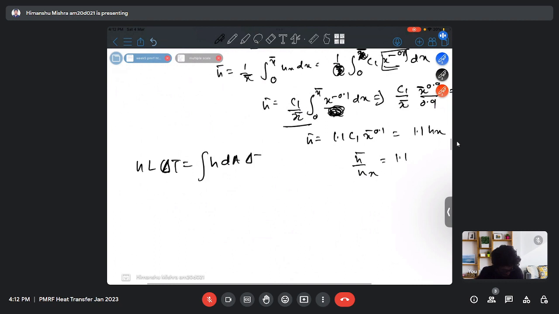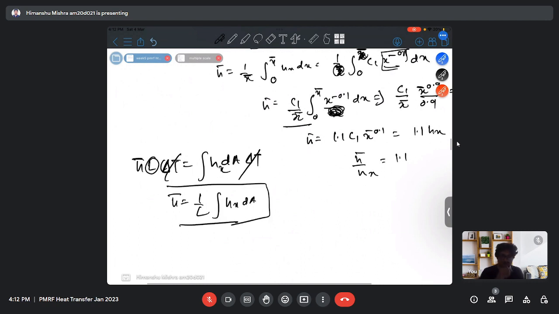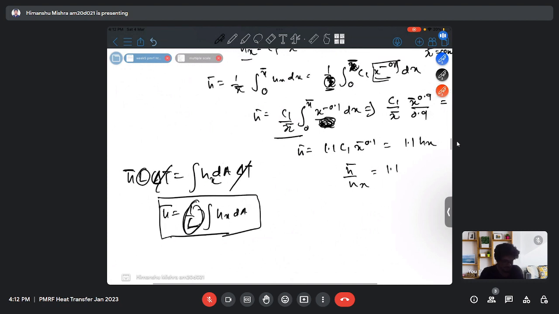The temperature difference will cancel, and this will come outside the integral, which is 1 by L times the integral of h_x dA. So this is the form of the integral for the average heat transfer coefficient. This L should always be a constant, so x should be the constant here, and it should always be outside the integral.